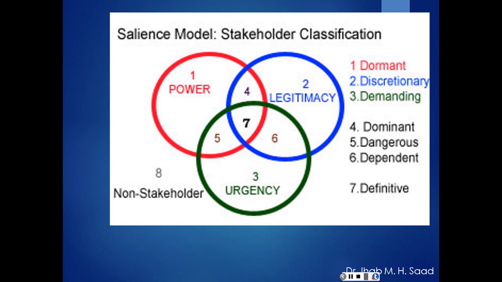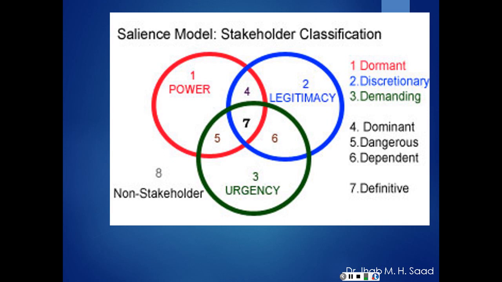Based on the salience model, it's going to look something like this. We have 3 intersecting circles: power, legitimacy, and urgency. The intersection of all three circles is the most important group to take care of first. So number 7 is the definitive stakeholder that we have to keep on top of our communication.